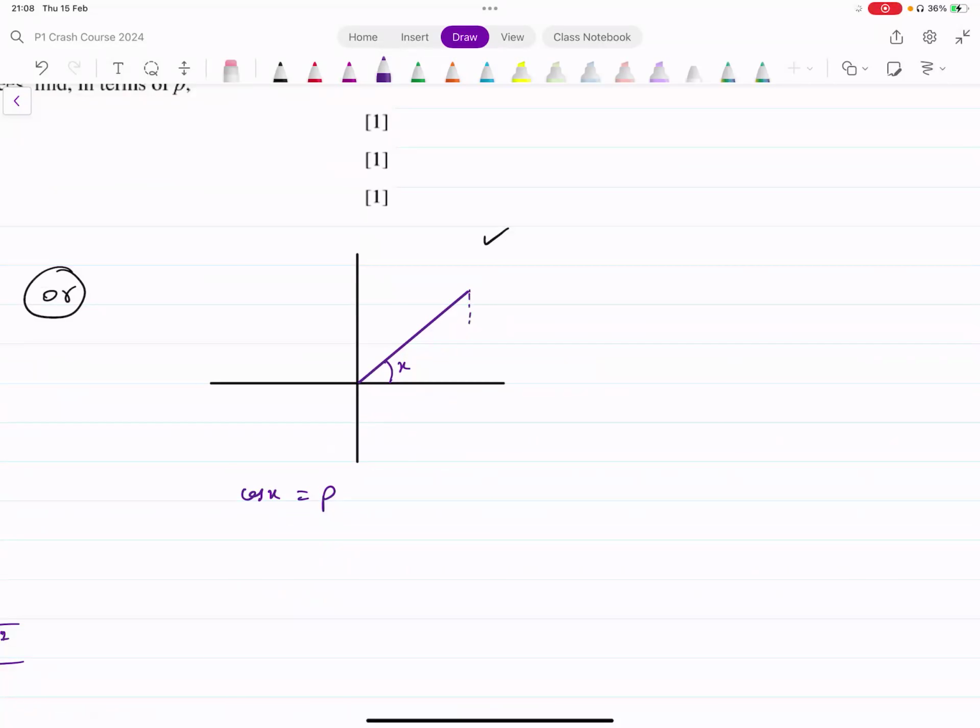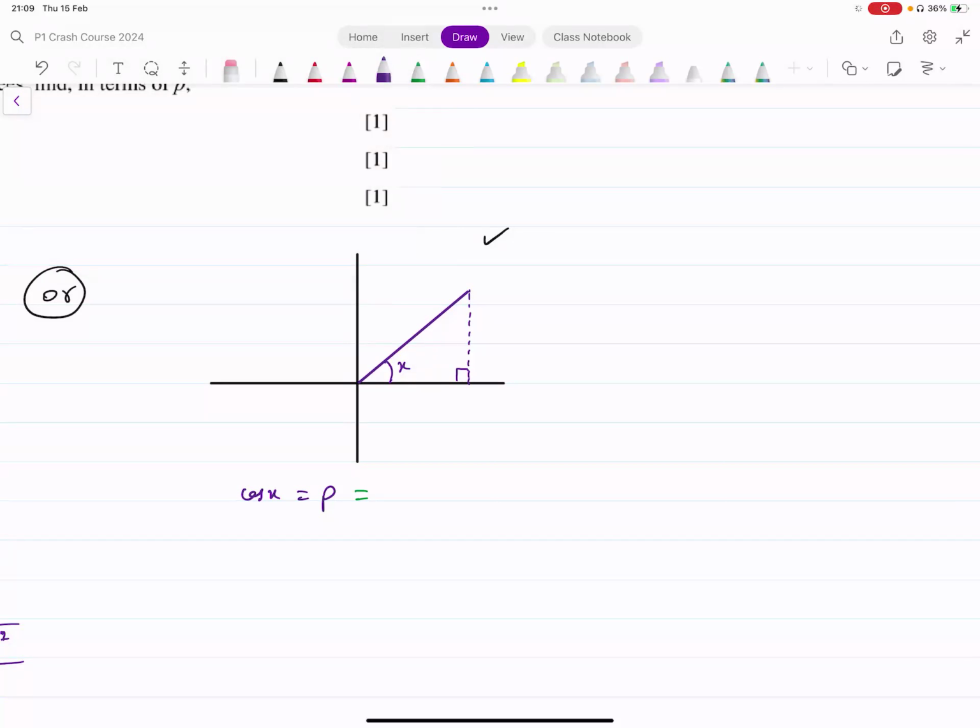If we make a right angle triangle here in the first quadrant, the angle is X, and we know that cos of X is equal to P. What's the definition of cos? How is cos defined? Adjacent over hypotenuse, or base over hypotenuse, or in our new definition, X over H, whatever you want to use.